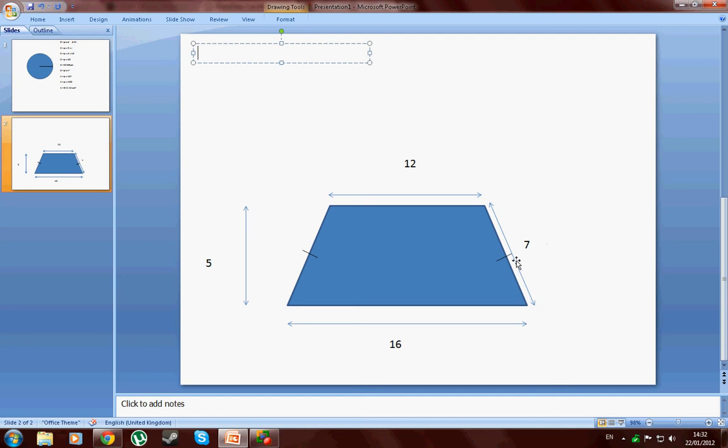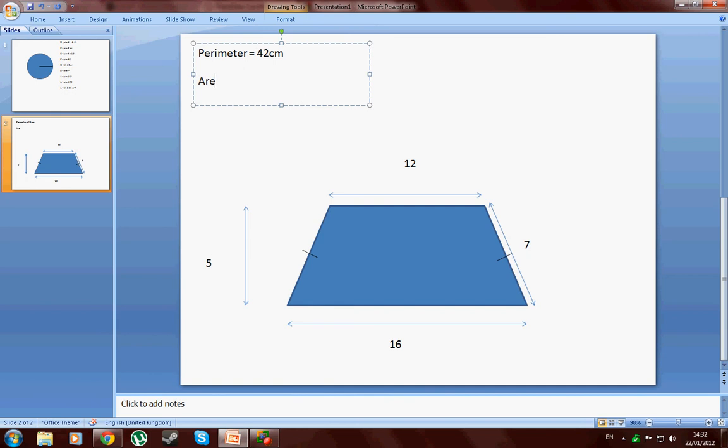So the perimeter is 12 plus 7 plus 16 plus 7, which is 12 plus 16 plus 14. 16 and 14 is 30, plus another 12, that gives us 42. So the perimeter is 42 centimetres, assuming these dimensions are in centimetres.